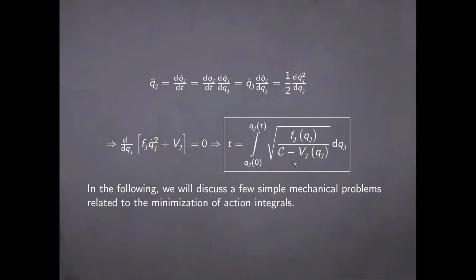And we will find applications for this, for example, in the study of the central force motion. And with this being said, in the following, we are going to discuss a few simple mechanical problems related to the minimization of action integrals.